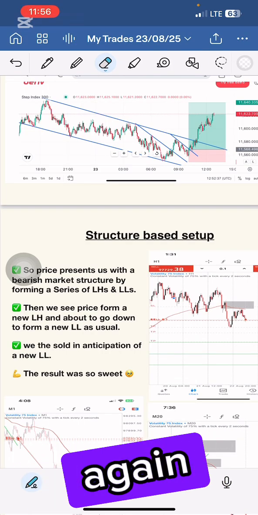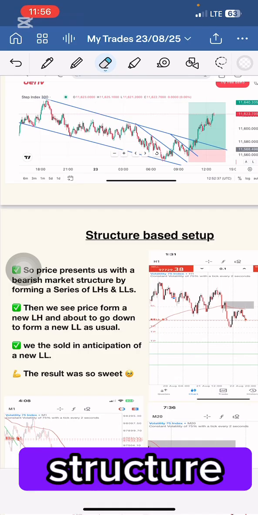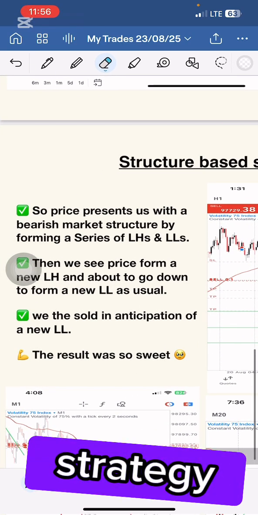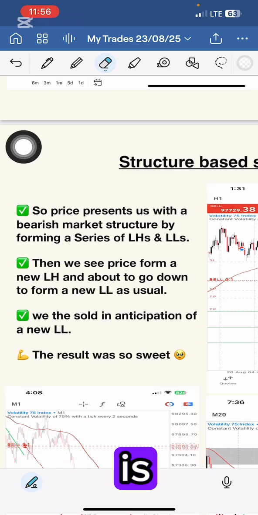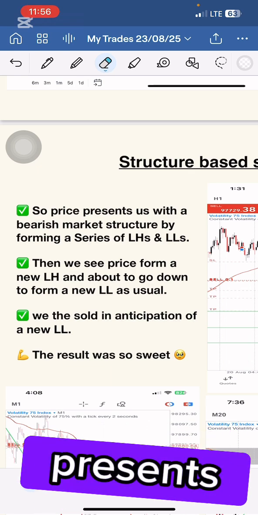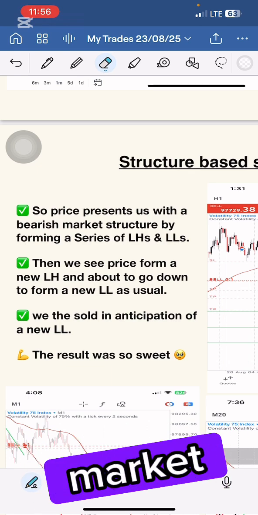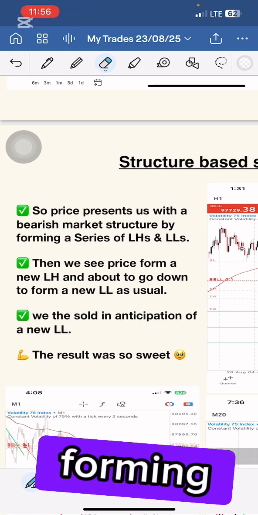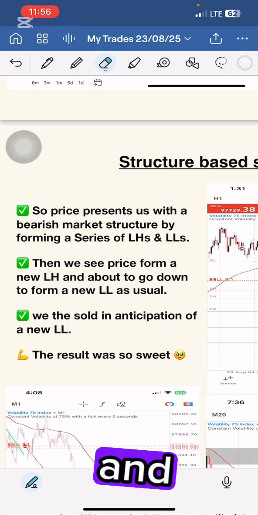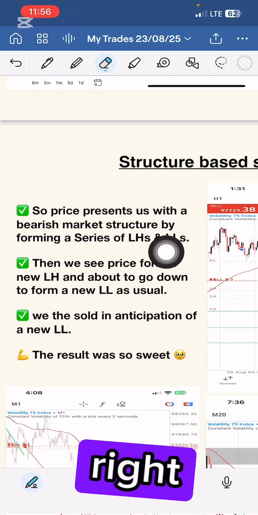Okay, so again, for the structure based strategy, this is what it is. Price presents us with a bearish market structure, forming a series of lower highs and lower lows, right?